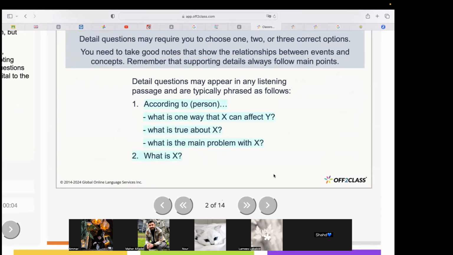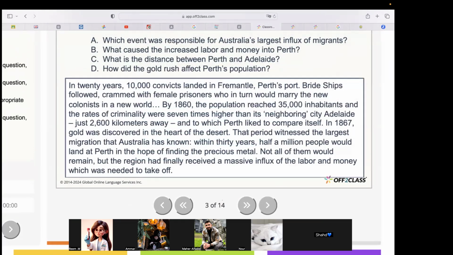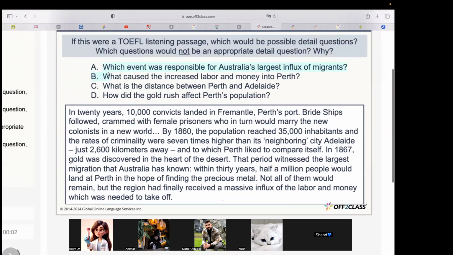Okay? So look at them again. Keep a good eye on them. Remember them. If you want to take a picture, that way it's going to help you. Okay? Ready? Looking at all of these questions, A, B, C, and D, which of these are possible detailed questions? Could be more than one answer.